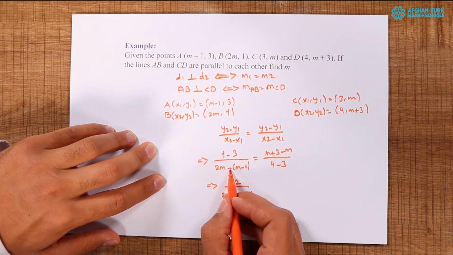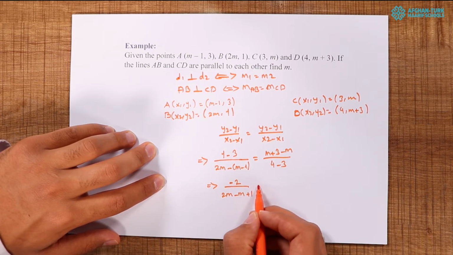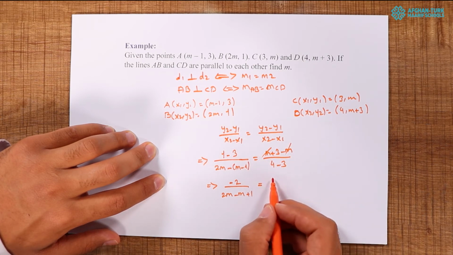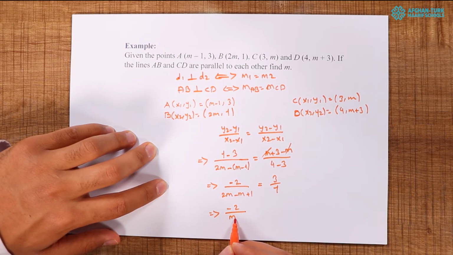Okay, this minus we are going to multiply with each term, okay, m cancels with m because it's positive and it's negative. So 3 over 4 minus 3 is equal to 1, okay, minus 2 over 2m minus m plus 1 is equal to 3.